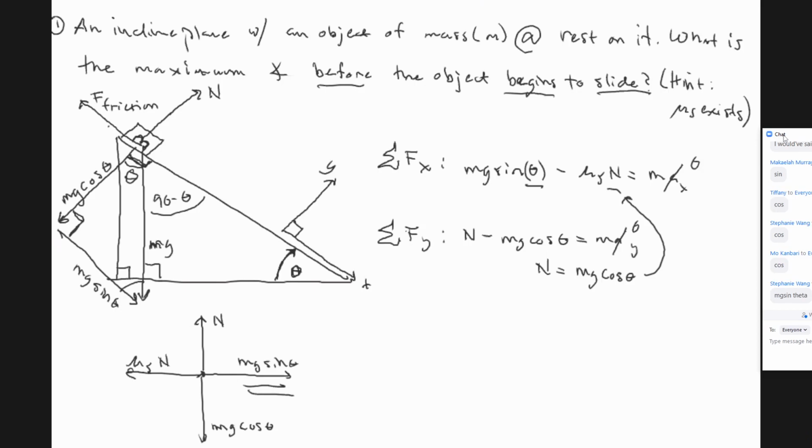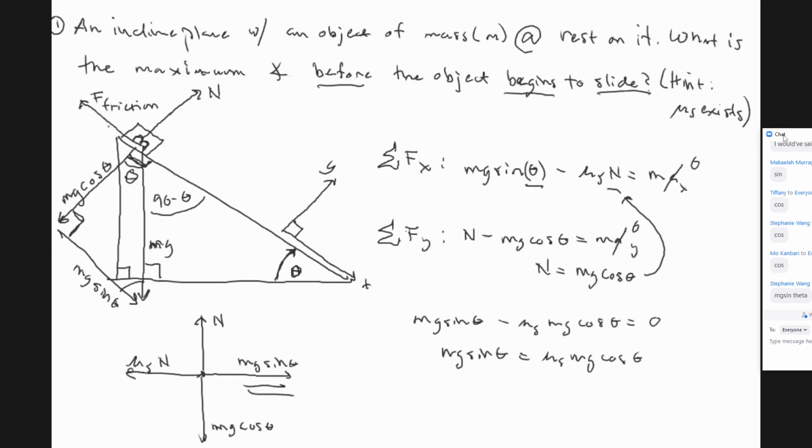And we can see that it's going to become mg sine of the angle minus mu s mg cosine of the angle is equal to 0. So move it to the other side. Mg sine of the angle is equal to mu s mg cosine of the angle. Right? No longer equal to 0 because you moved it to the right side.